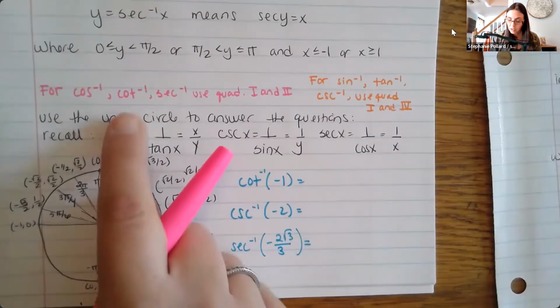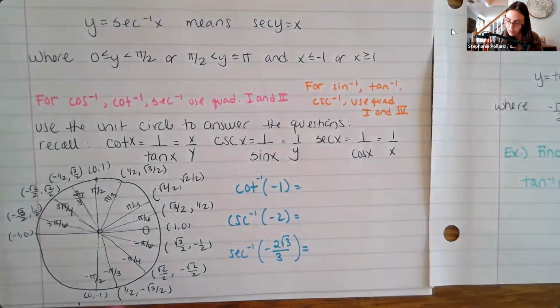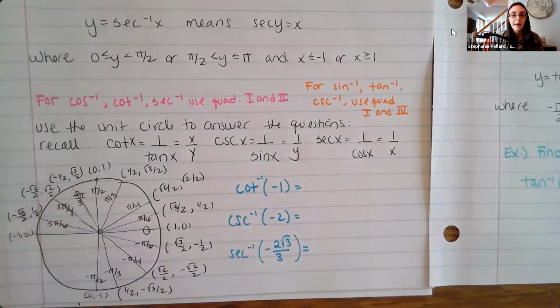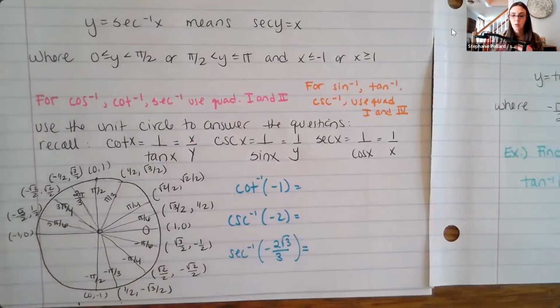And I know that cotangent should focus on quadrants 1 and 2. So we're just focused on this top half of the circle here. Now I want to remember that cotangent has that ratio of x over y. So you're dividing the x and the y values on those points. Now it's a little bit different here because I'm not plugging in the angle.